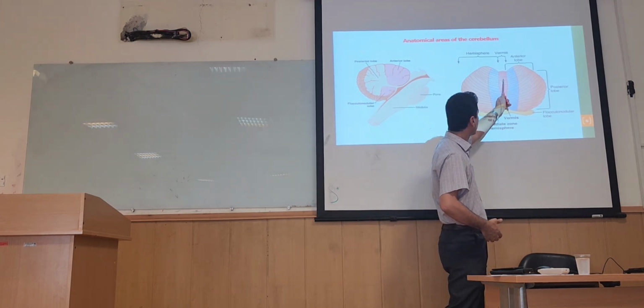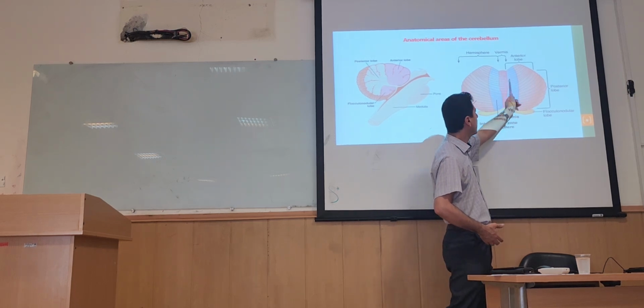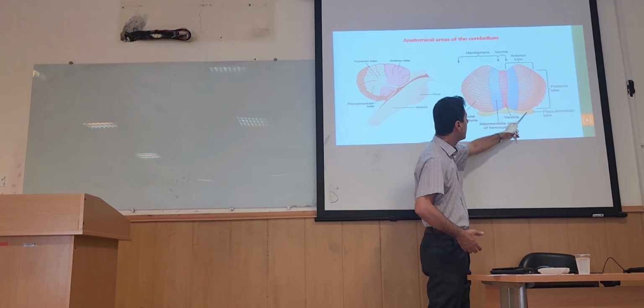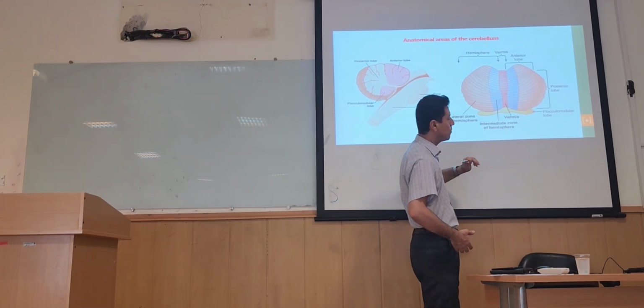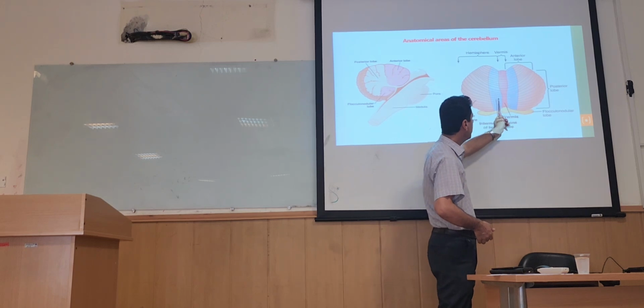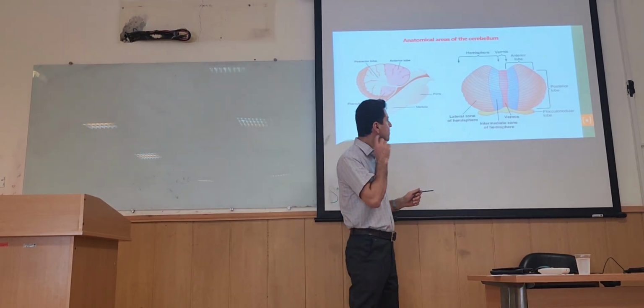So we have the vermis, we have the intermediate zone in the cerebellar hemisphere, we have the lateral zone, and we have the flocculonodular lobe, right? So flocculonodular lobe, vermis, intermediate zone or medial zone, lateral zone, right?